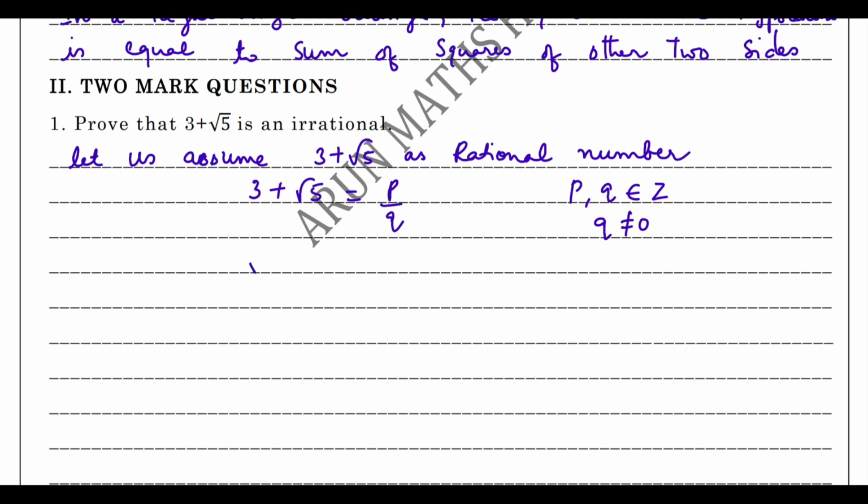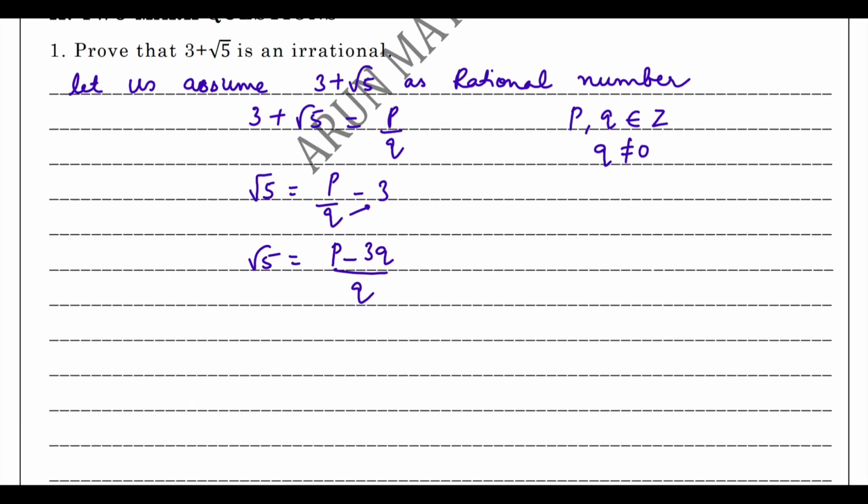Now keep root 5 and shift 3 to the RHS, that is p by q minus 3. Now root 5 equals what? Do the butterfly method: p minus 3q by q. Dear students, we know that root 5 is an irrational number, but it has come in the form of p by q.